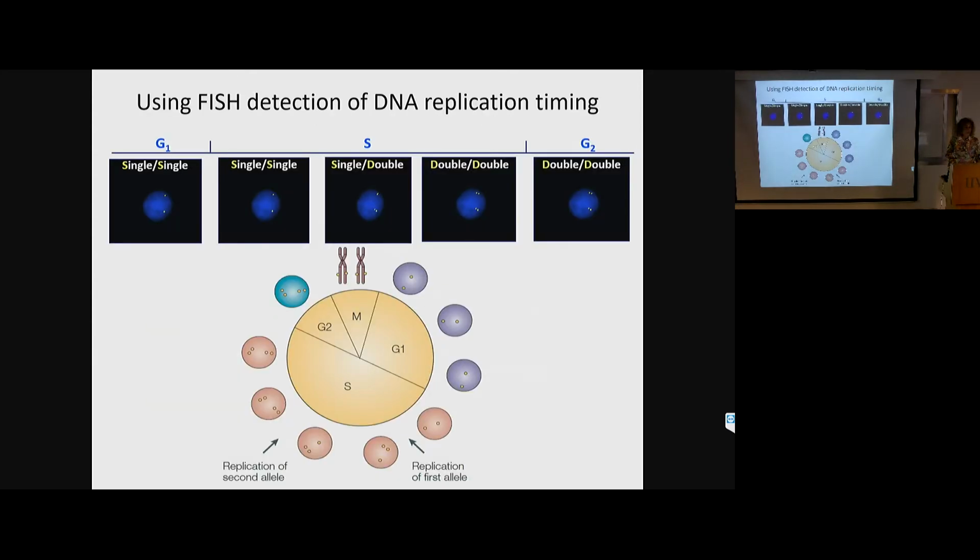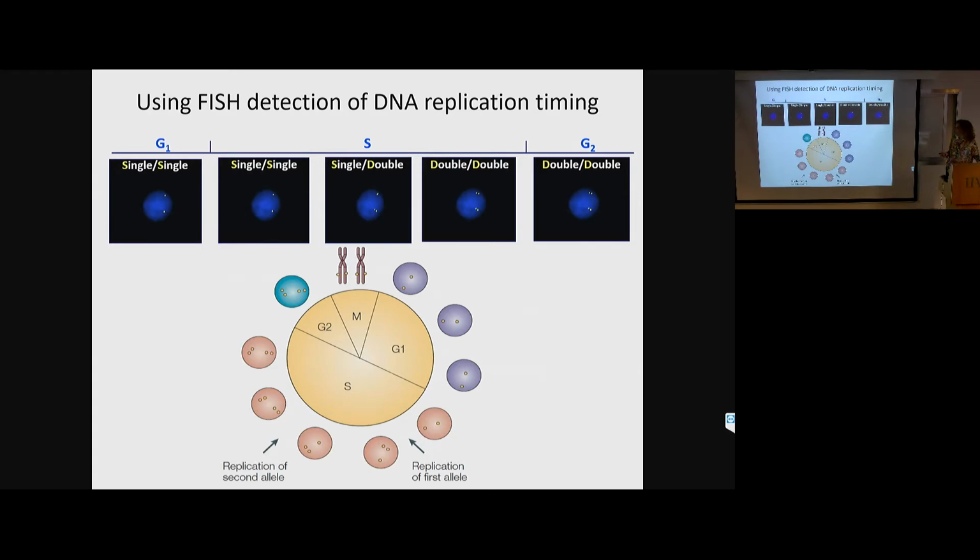However, there is asynchronous replication. One way we measure it is by DNA FISH, not so simple, but simple. And we have probes for the regions that we are looking at.